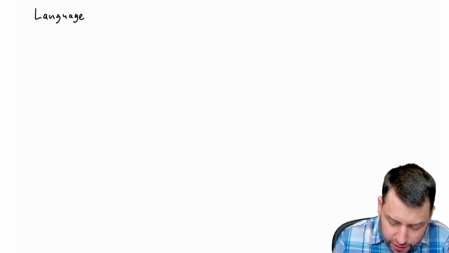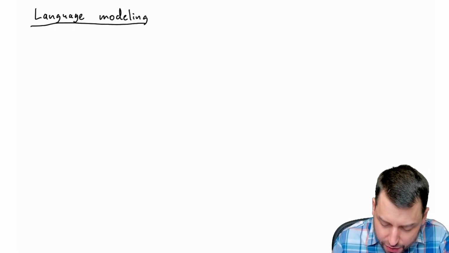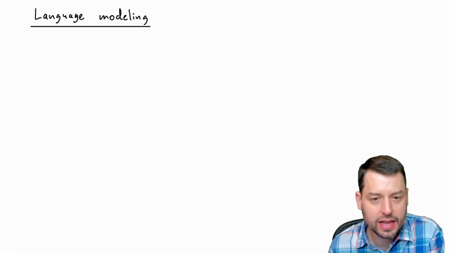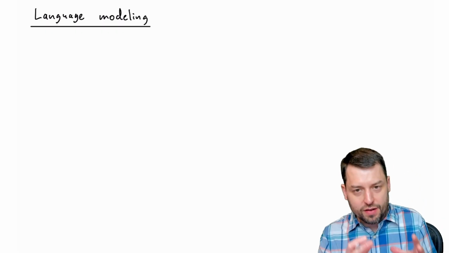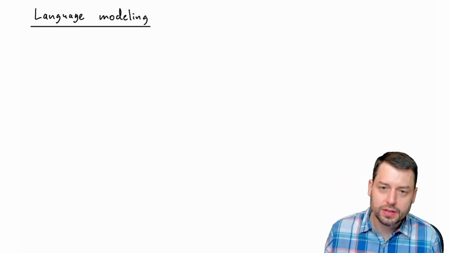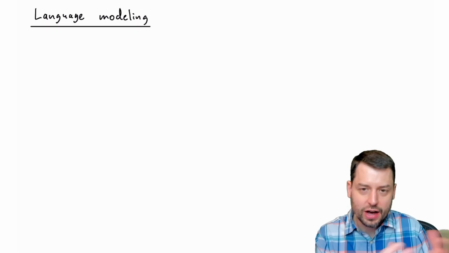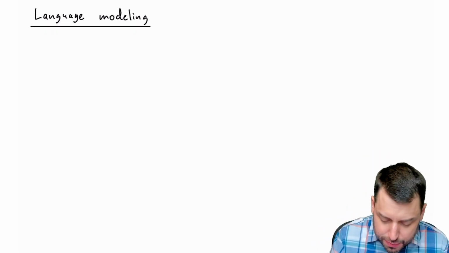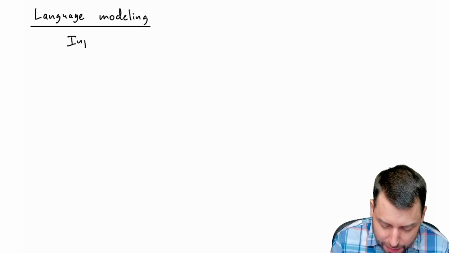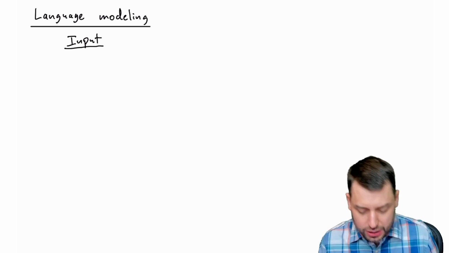The first thing we're going to do is recap the basic goal of language modeling. Remember, in machine learning, you have an input and a desired output. In the case of our images, that input was an image of a digit, and the output was the label of the digit itself. But in language modeling, the way we typically think about this, our input is some sequence of text, an initial sequence of text.